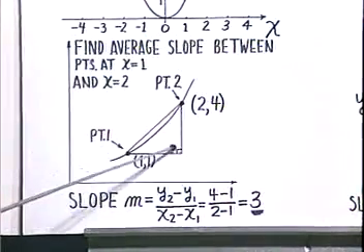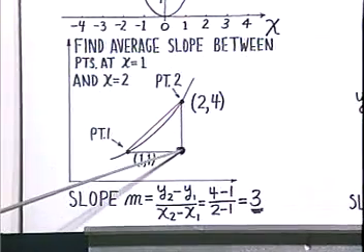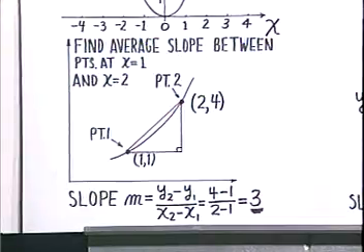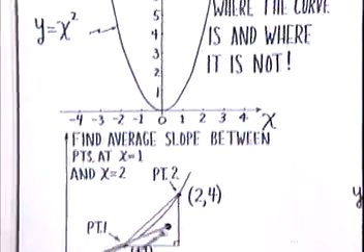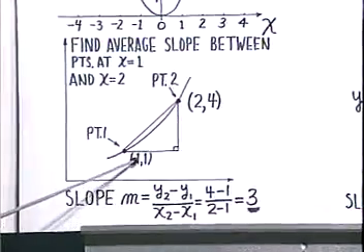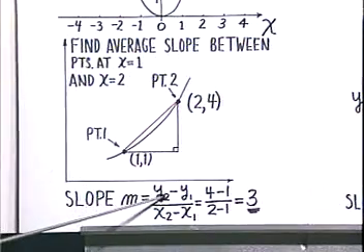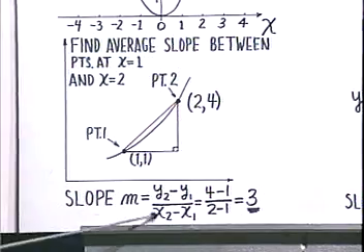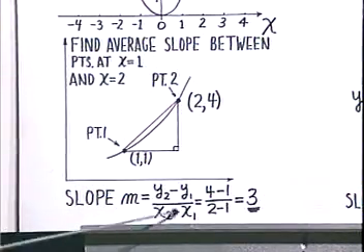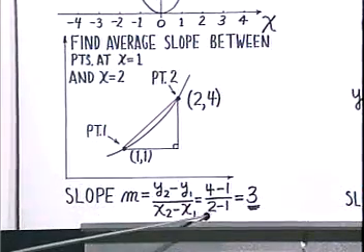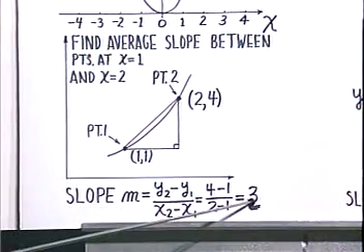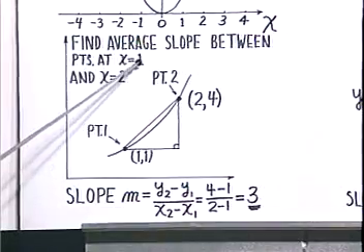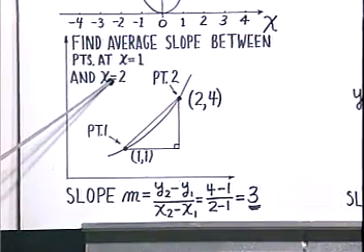Now, point 2 is at x equal 2, so y is 4, because we're going according to this formula all the time for these illustrations. Now the slope is y2 minus y1, 4 minus 1, over x2 minus x1, 2 minus 1. All right? So we have 3. The slope is 3 with x equal 1, x equal 2.